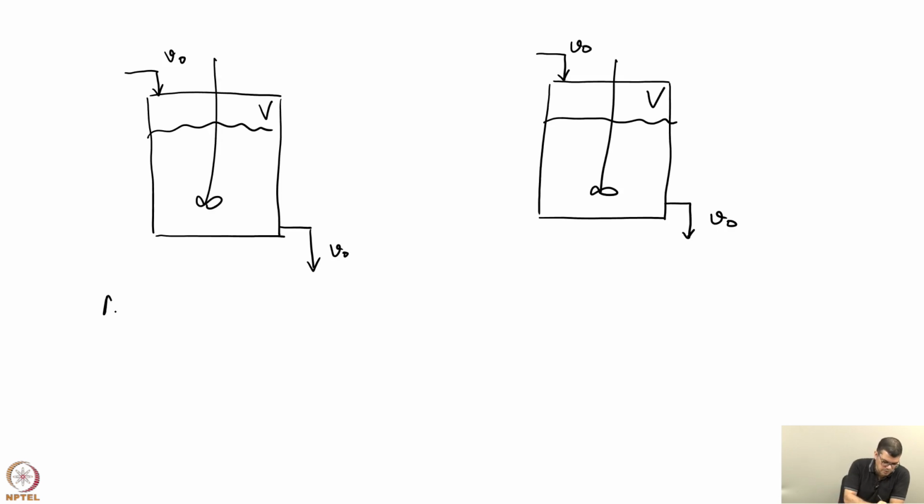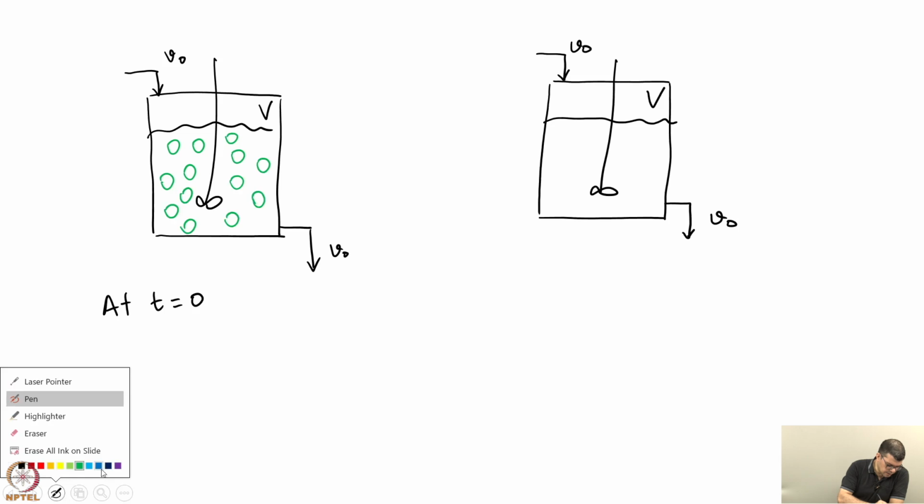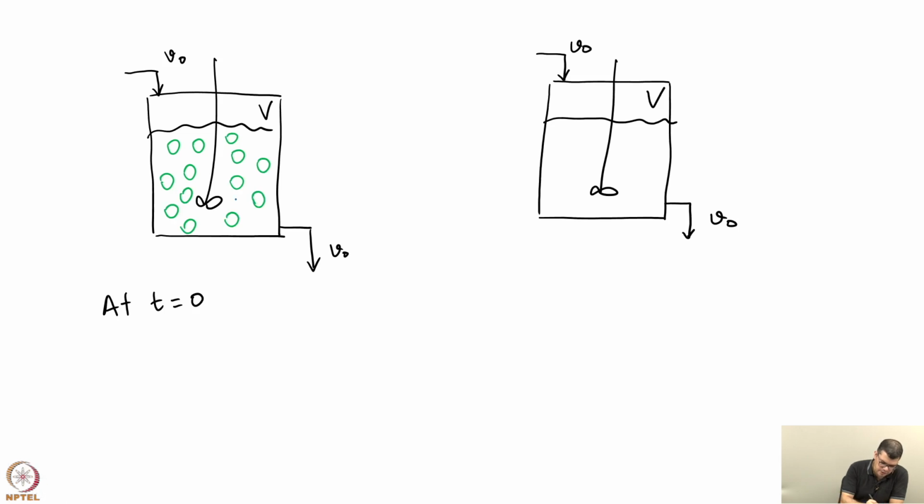At t equal to 0, the state of the reactor looks like this. There are bacteria in it, and the same color indicates the same genotype, hence the same fitness. So at t equal to 0, the reactor looks like this, except for the fact that there is one individual which is of a different genotype and hence a different fitness.